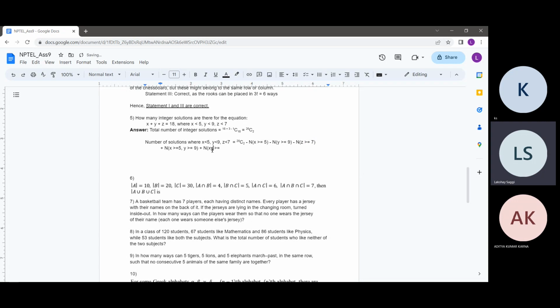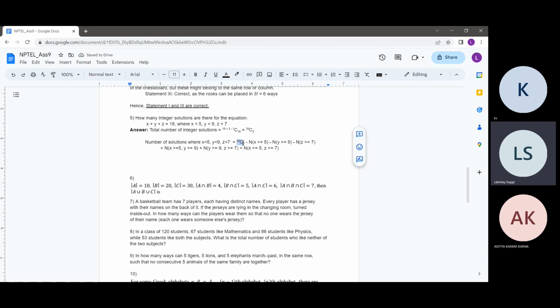I need to add that also: n of y greater than or equal to 9, comma, z greater than or equal to 7. And then I'll add the remaining pair also, which is x greater than or equal to 5 and z greater than or equal to 7.